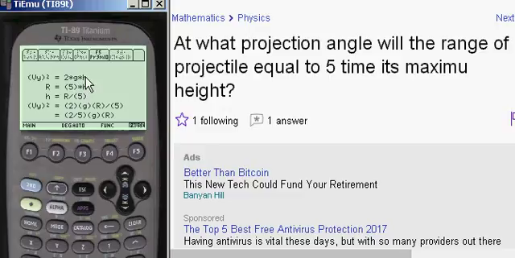This is the standard vertical equation in physics. 5 times the height. When we write all this down, you can see it comes up with the exact same answer. So you can use either one you want, depending on what your professor used on your blackboard.